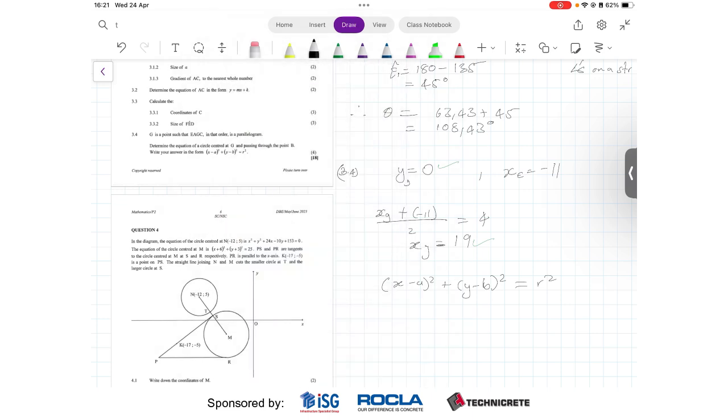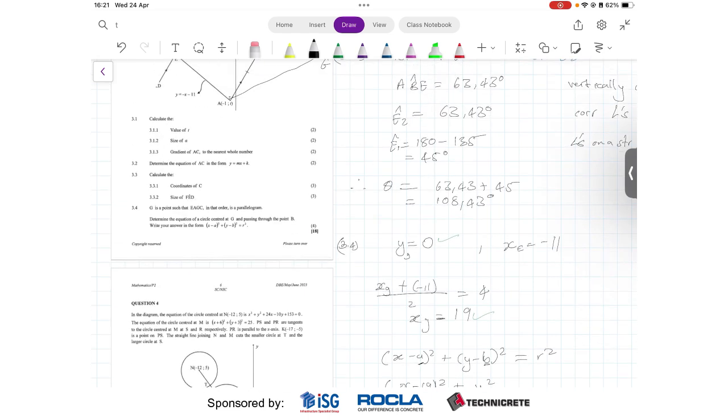We just substitute that into our a and b, such that we have (x minus 19) squared plus y squared is equal to, okay, now we have to figure out the value of the radius.